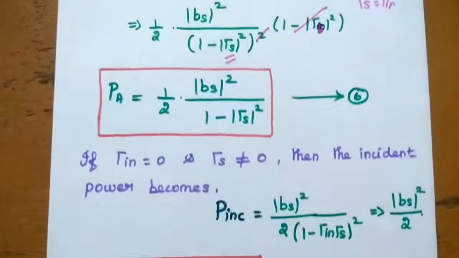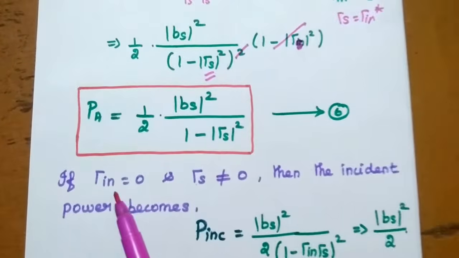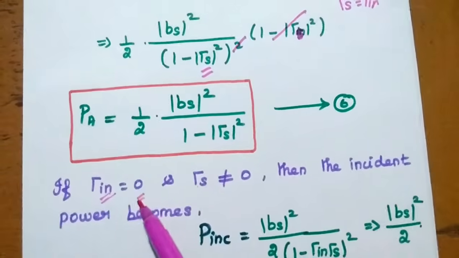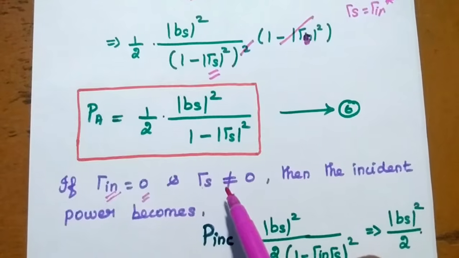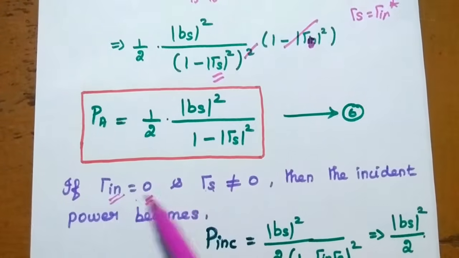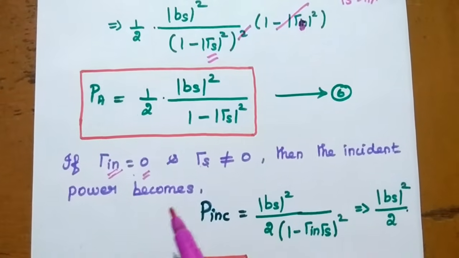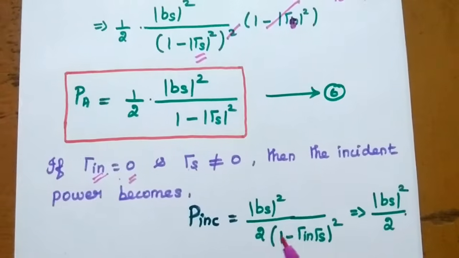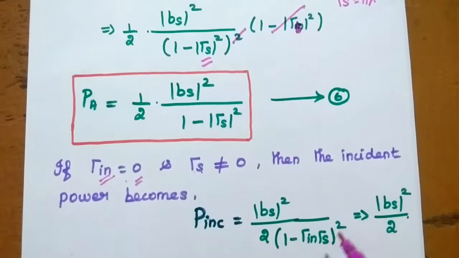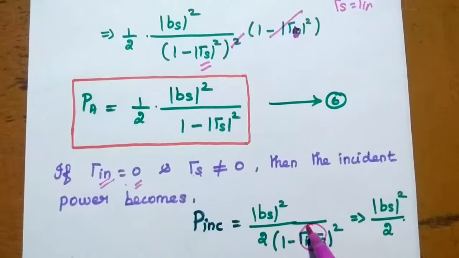If gamma in, that is the input reflection coefficient, is equal to 0, it means the source reflection coefficient should not be 0, because we know that it is the conjugate of this value. Then the incident power, which we have already derived as Bs squared by 2 into 1 minus gamma in gamma s the whole square, becomes, with gamma in equal to 0, this term becomes 0.